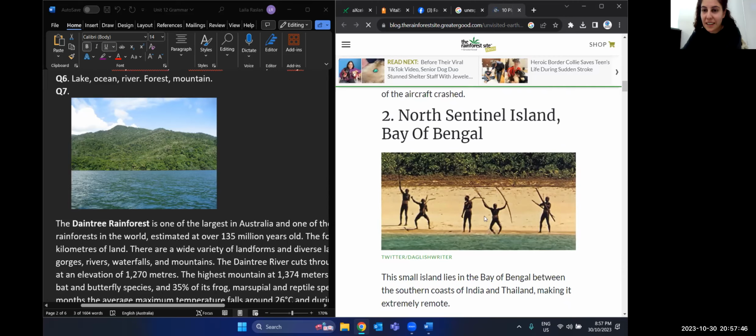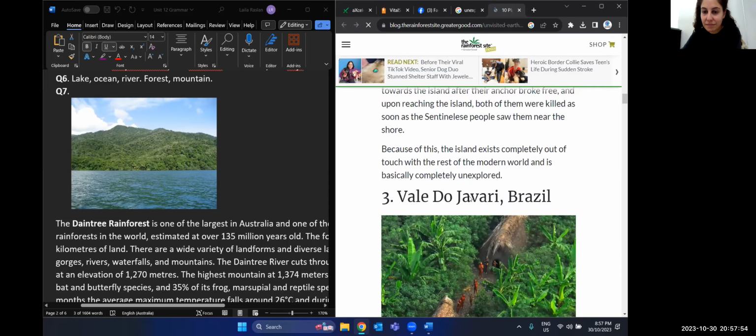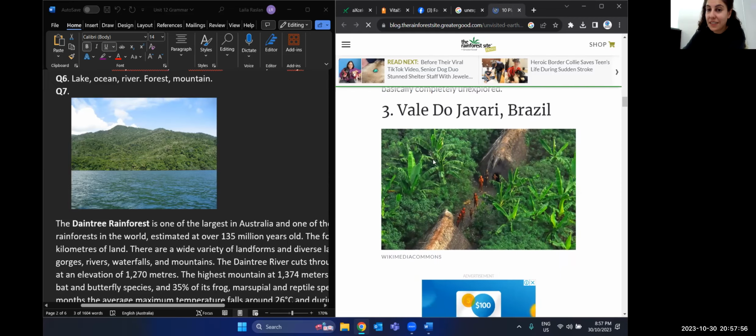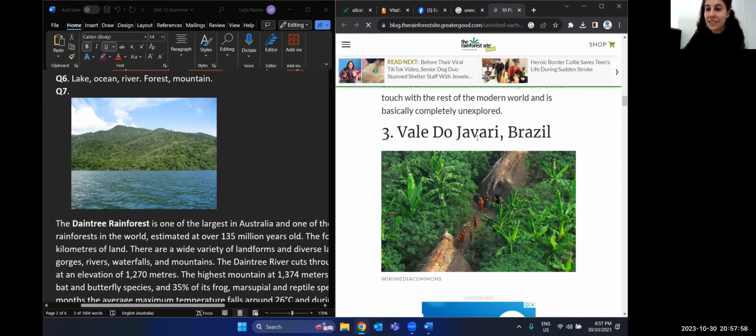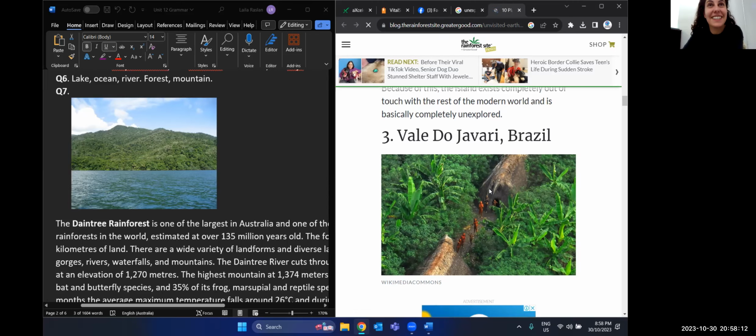So this was an island, Sentinel Island, Bay of Bengal. Brazil, Vale do Javari. Are you from Colombia? Yeah. Jessica, do you know this place? Vale do Javari.